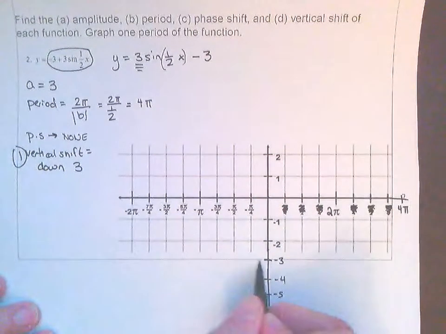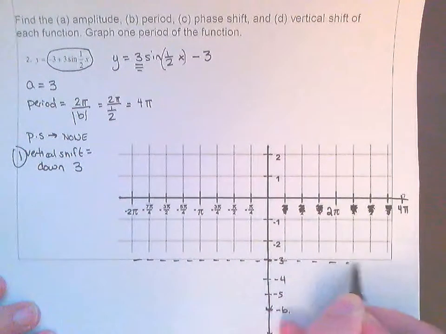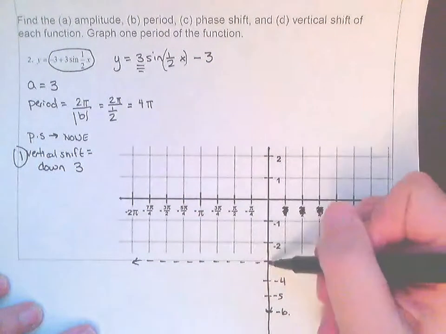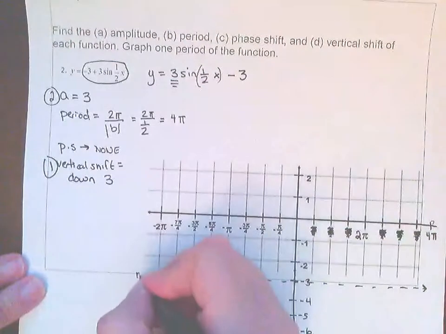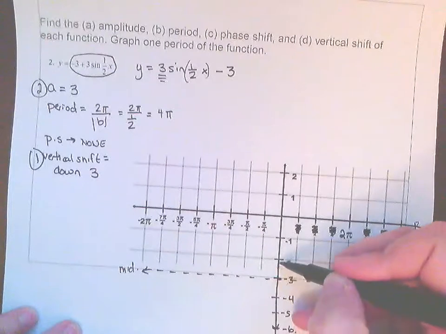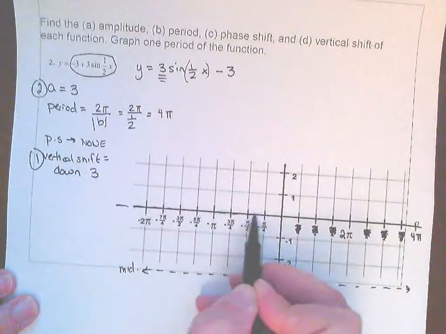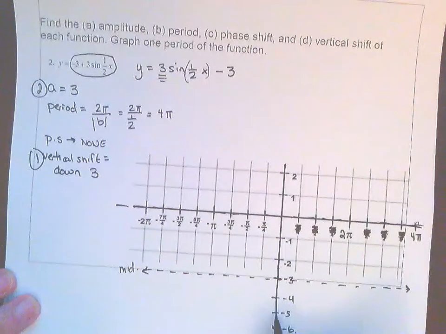That means my midline for my whole function is going to be at -3. And then from this, I identify the amplitude. The amplitude is 3, so this is the middle. The amplitude being 3 means I'm going to go up 1, 2, 3, so my graph is going to come up to 0, and it's going to go down 1, 2, 3 to -6.